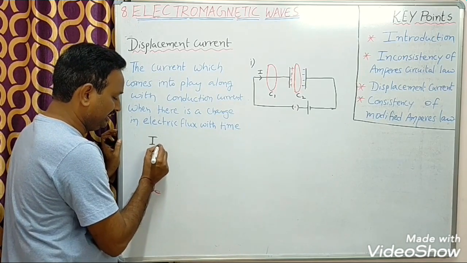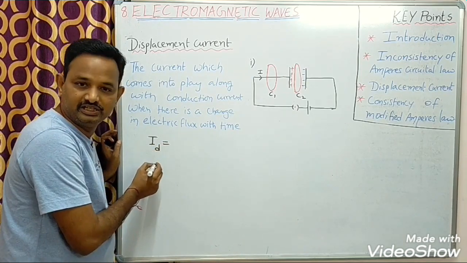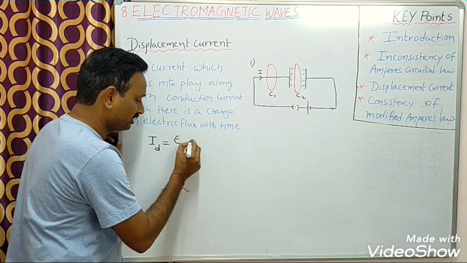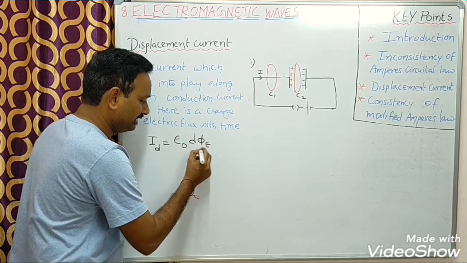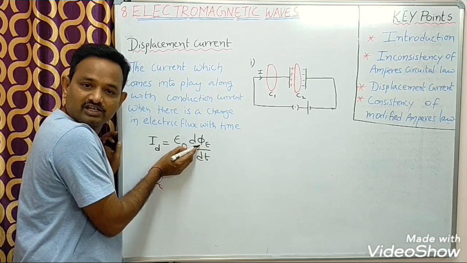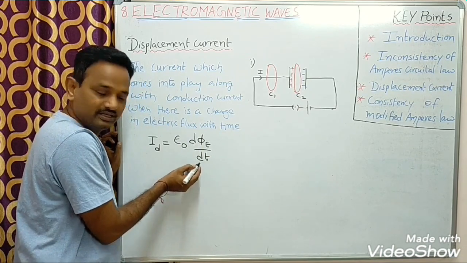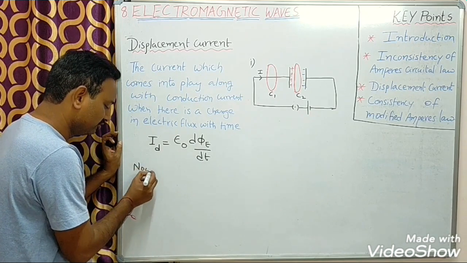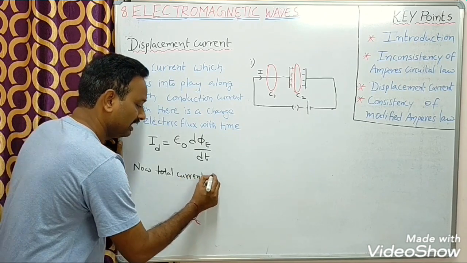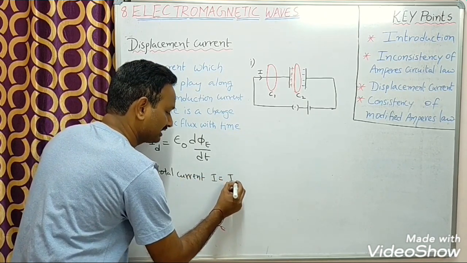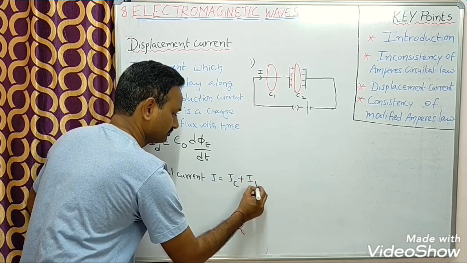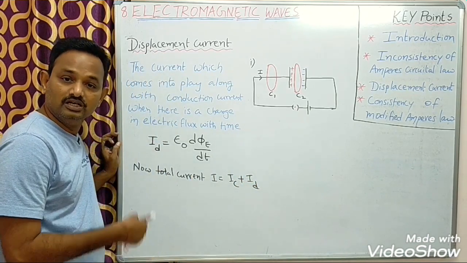Displacement current I_D is equal to epsilon naught d phi E by dt, that means the change in electric flux with time. Now total current I is equal to conduction current plus displacement current.